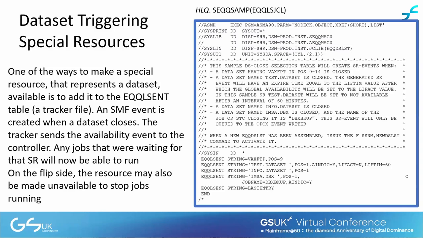But anyway, that's the sample. Don't take it as exactly like that. And the very last entry must be the last entry, so that the assembler macro that's building this knows that it's the last entry, puts the right information in there, so that it can tell. Oh, and continuation character.